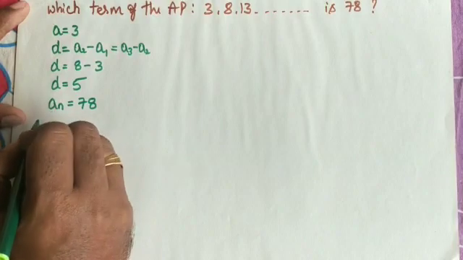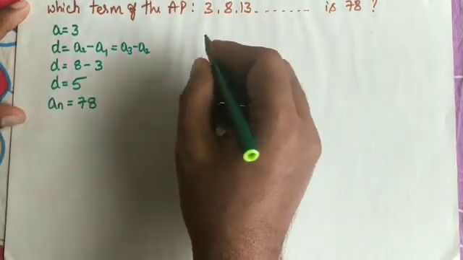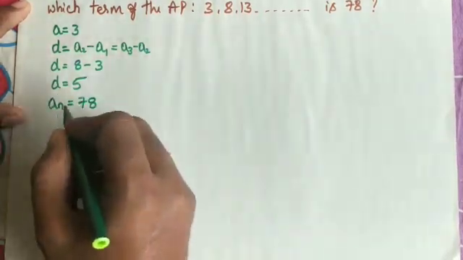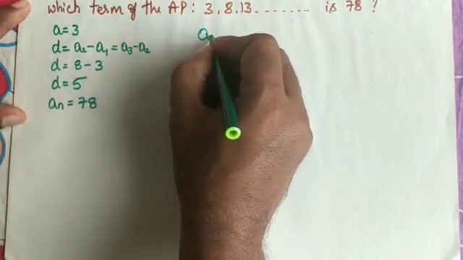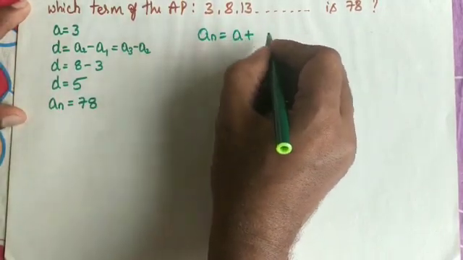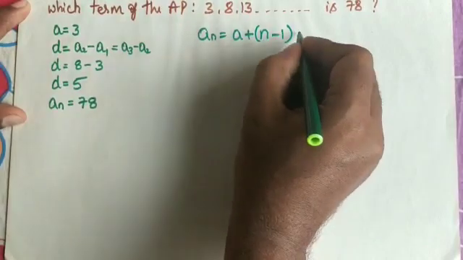We know the formula to calculate the nth term, that is an is equal to a plus n minus 1 into d.